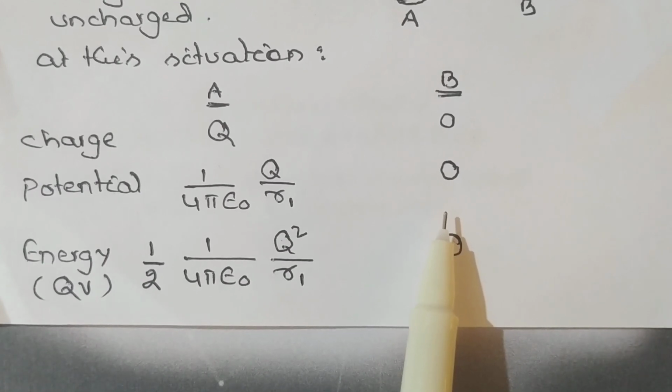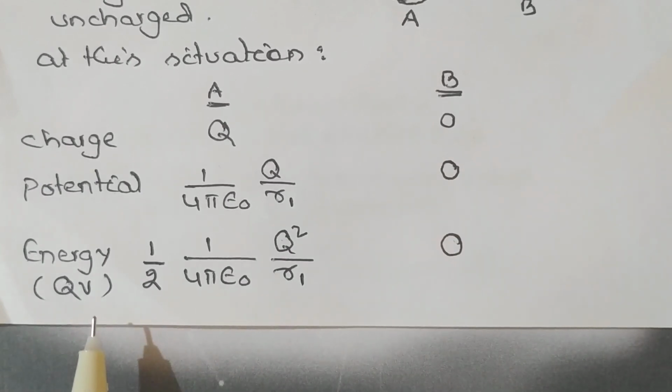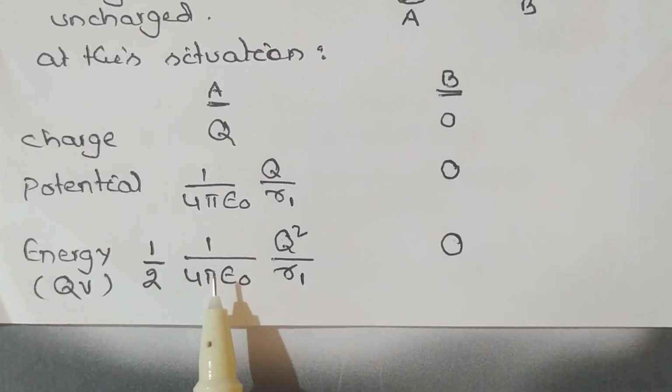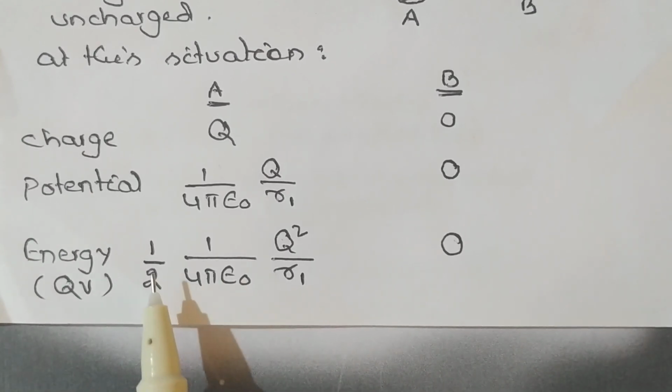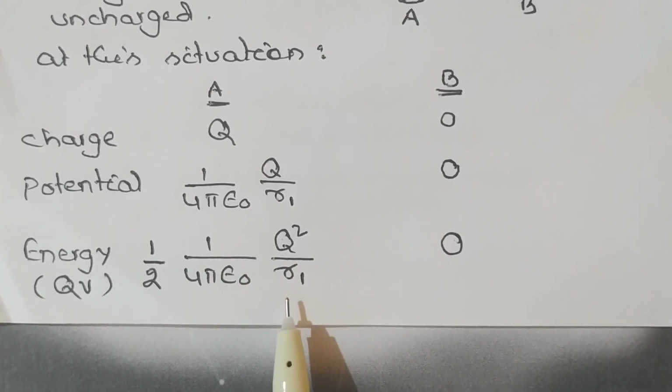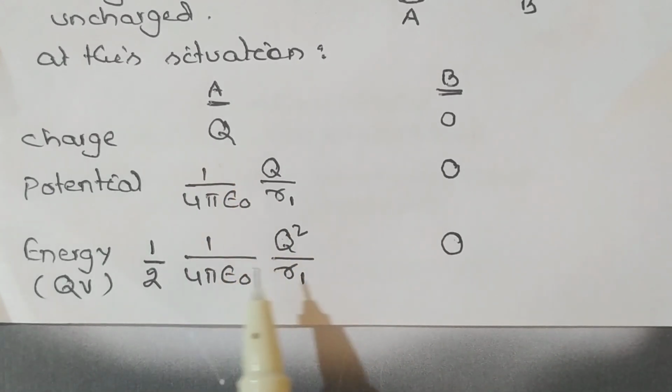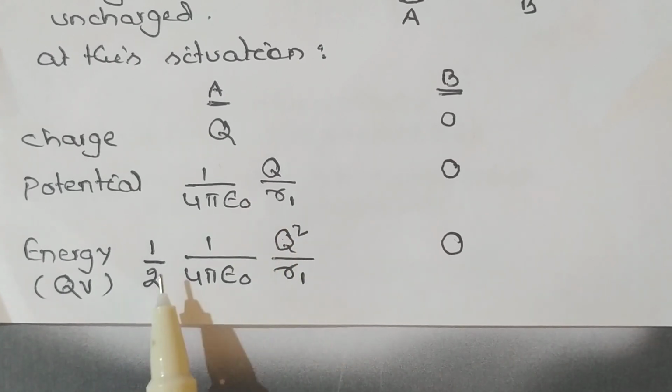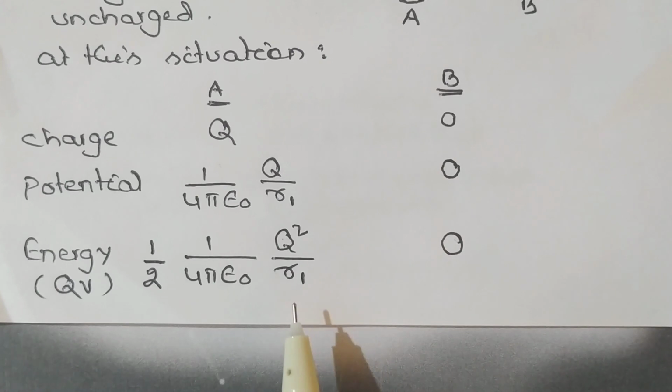Exactly in the similar way, we can calculate the energy associated with the charges present on the surface of A, which is half QV. That half QV I can write as half times V, which is 1 by 4 pi epsilon 0 Q by R1, and as the charge is present, that's why Q will be multiplied. That is why half 1 by 4 pi epsilon 0 Q square by R1.